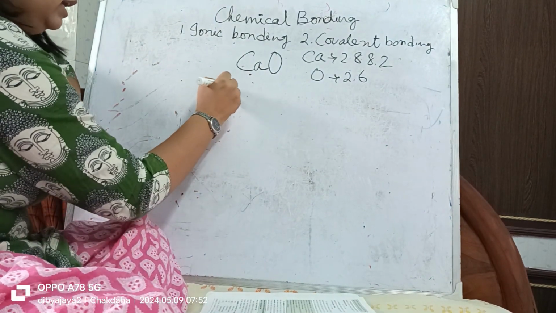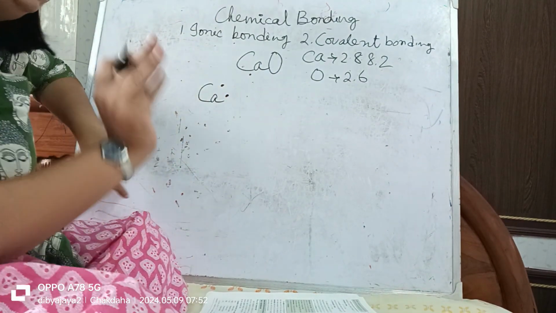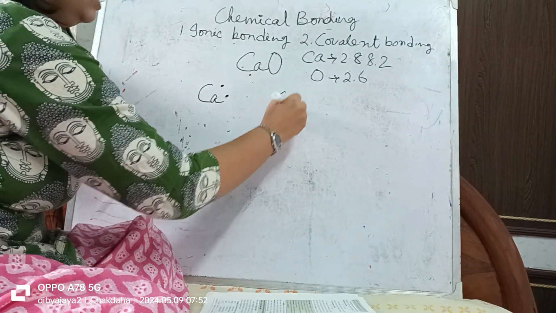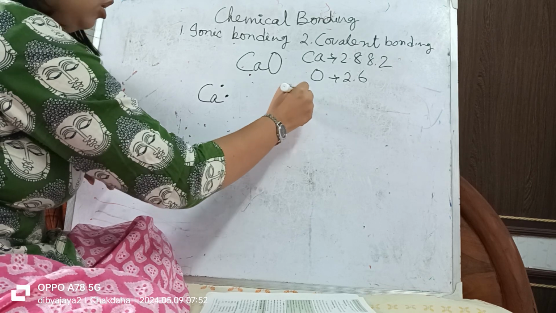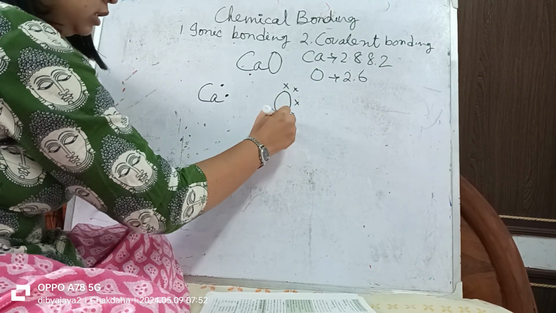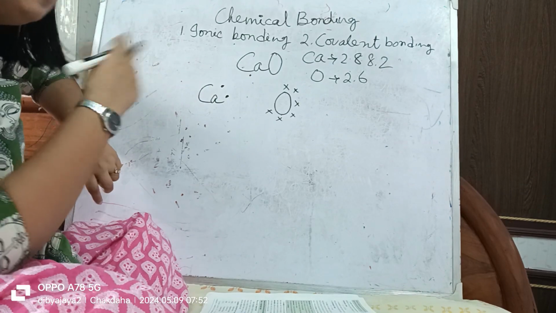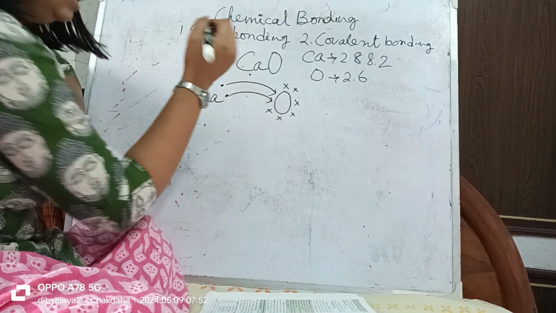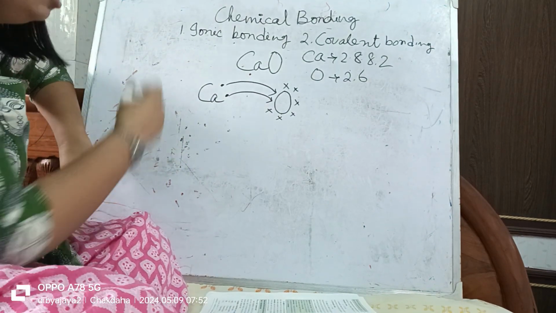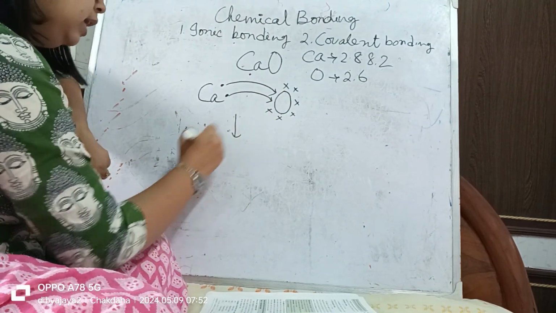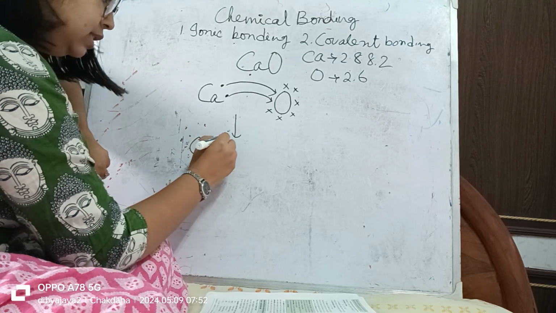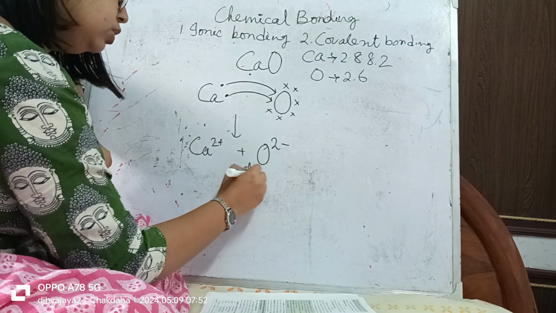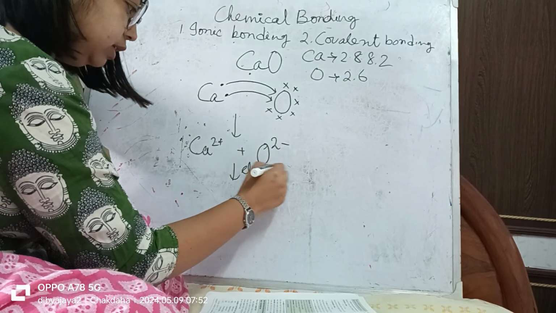Suppose Ca has 2 valence electrons. We will draw only the 2 valence electrons. In case of oxygen, we will draw just 6 valence electrons. Then calcium gives its electrons to the oxygen, and it forms Ca2 plus and oxygen 2 minus, then electrostatic force is involved between them.